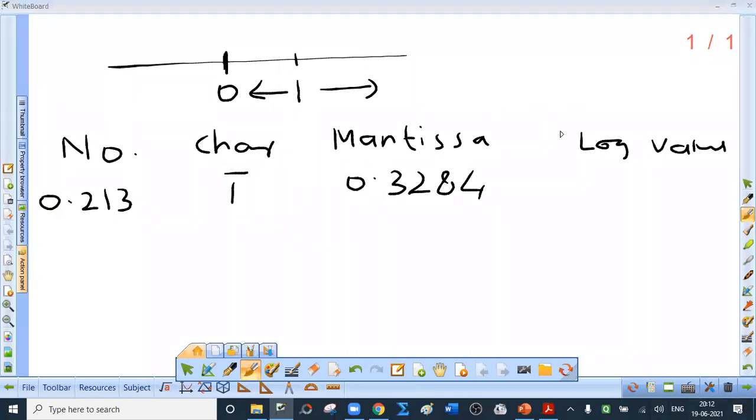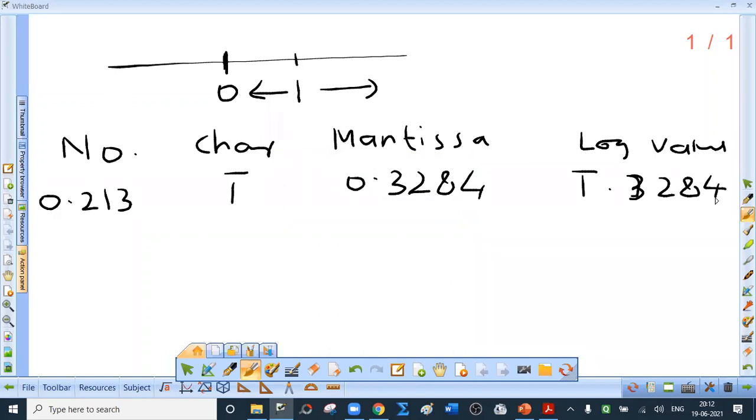It is 3284. Let me check. Yes, very good. Almost all students have written the same, but see, it is mantissa, so you should say 0.3284. So what is the final log value? Bar 1.3284. Is that clear? Good.